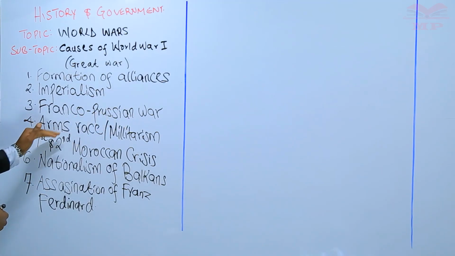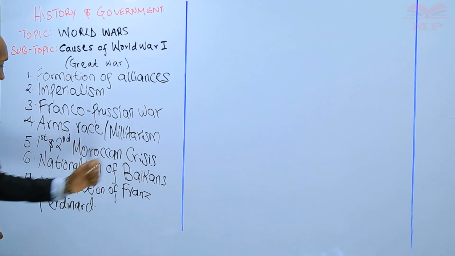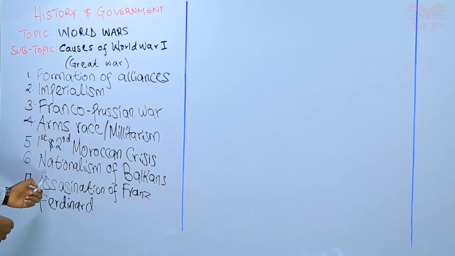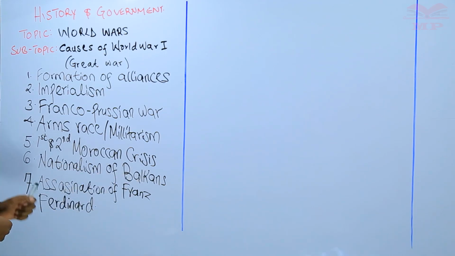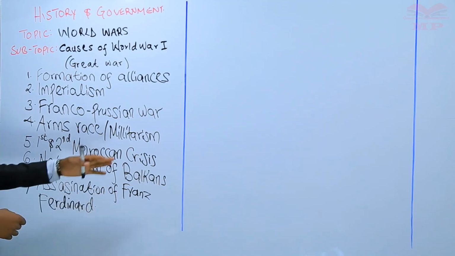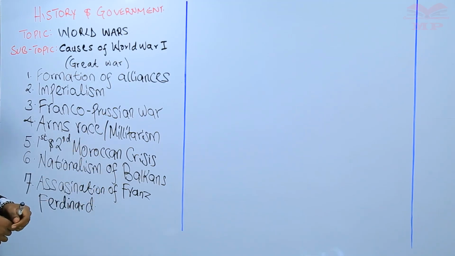Number 4, arms race. Number 5, first and second Moroccan crisis. Number 6, nationalism of the Balkans. And lastly, the assassination of Franz Ferdinand, which is the most important point, as we are going to discuss, but let me not preempt it. We are going to come to it at the very end.